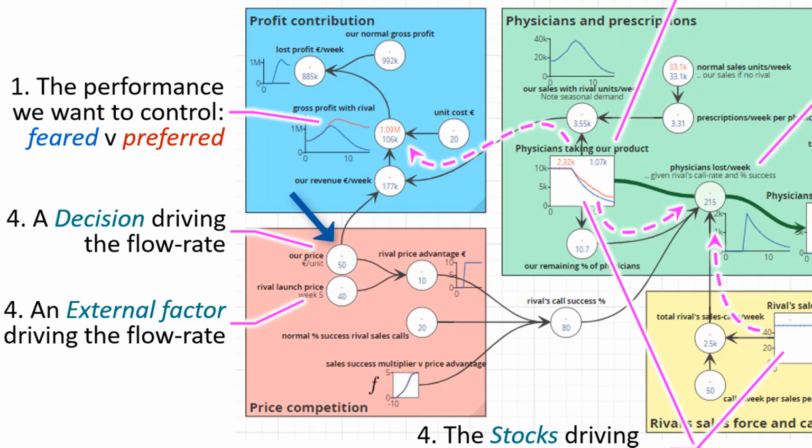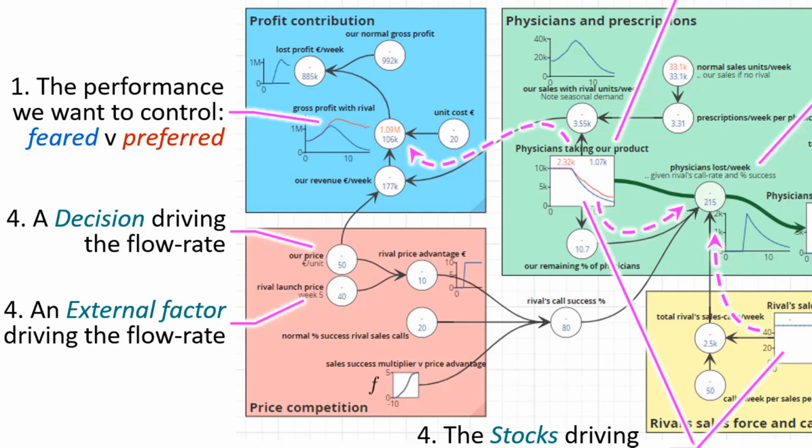So we charge 50. We expect them to come in at 40, that's their normal discount against our price. So how far down do we have to reduce our price from 50 towards 40 to slow that loss rate enough without giving away all our profits? That's the tension here, that's the balance that we're trying to achieve.